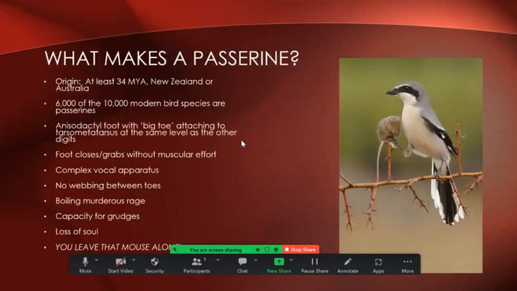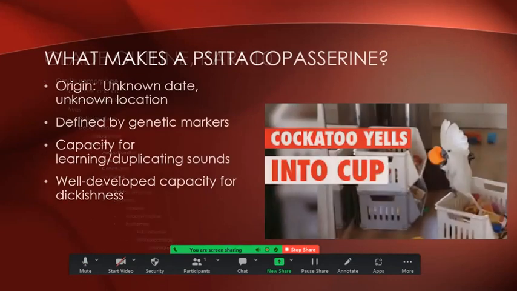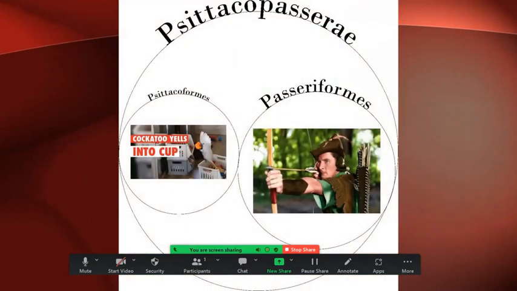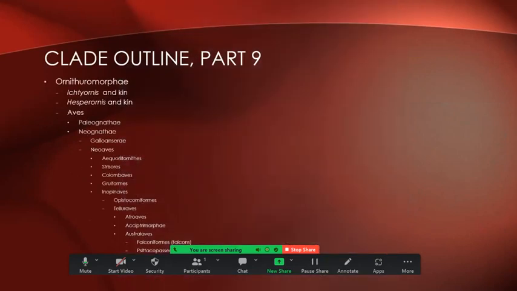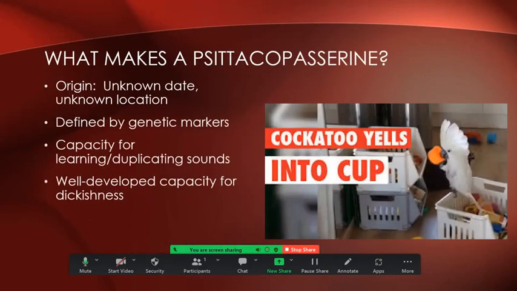All right. So now we're getting into the passerines. Psittacopasserines, the group we just talked about. Psittaciformes includes just parrots and cockatoos and cockatiels and budgies and macaws and their relatives, and the rest of them are in the Passeriformes. These are often referred to as passerine birds.